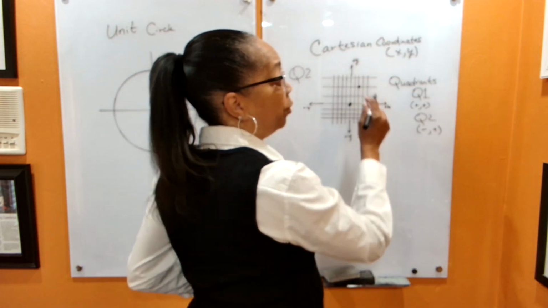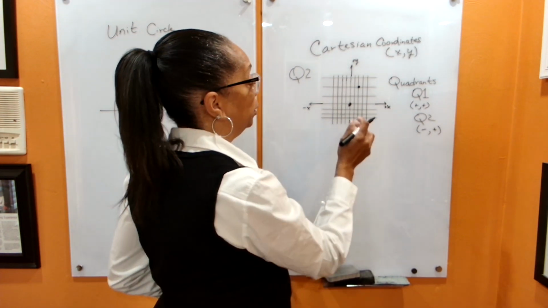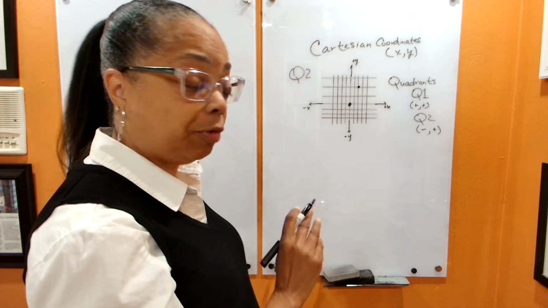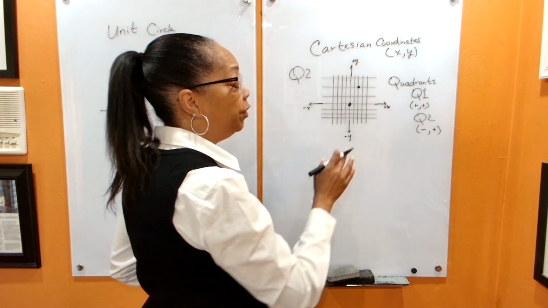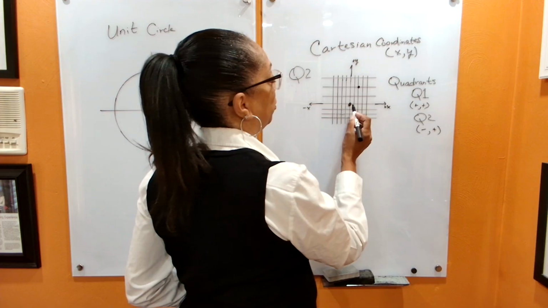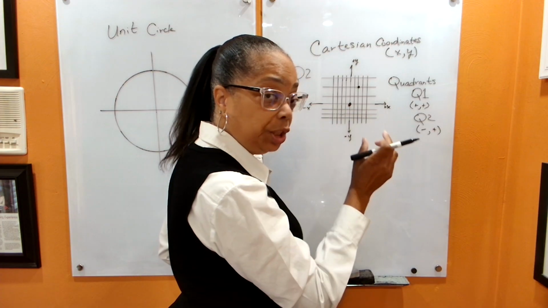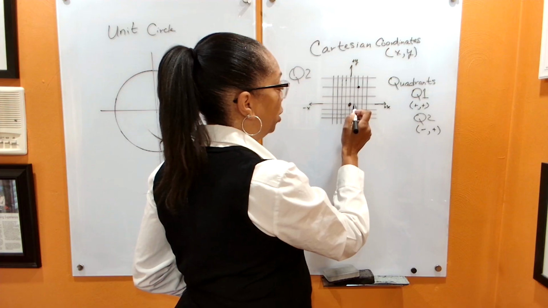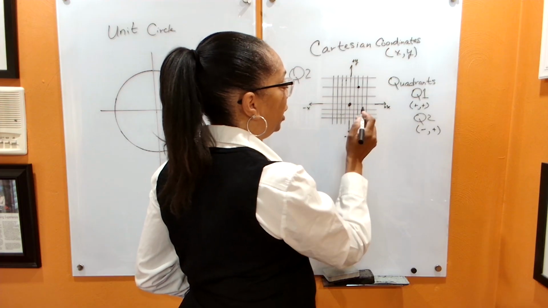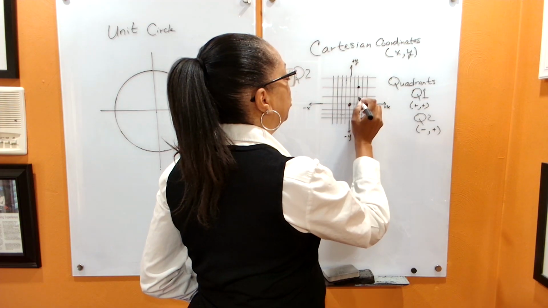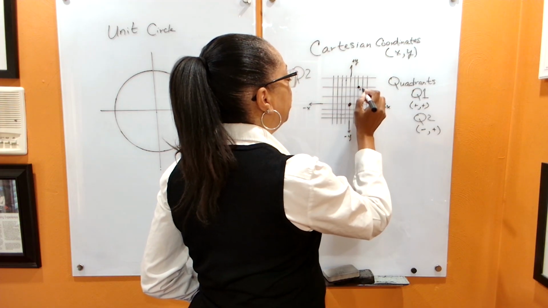Let's look at this point before I do quadrants 3 and 4, so I don't get off track. We picked a random point on this grid. Now we can find the coordinates of this point by just counting over the units: 1, 2 in the x direction, and then up 1, 2 in the y direction.